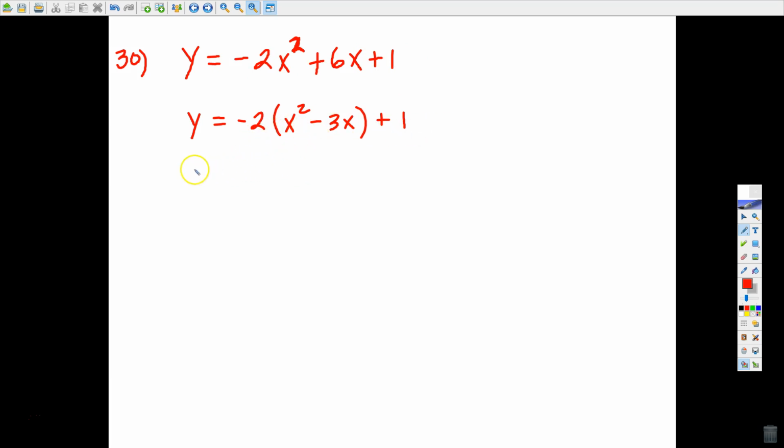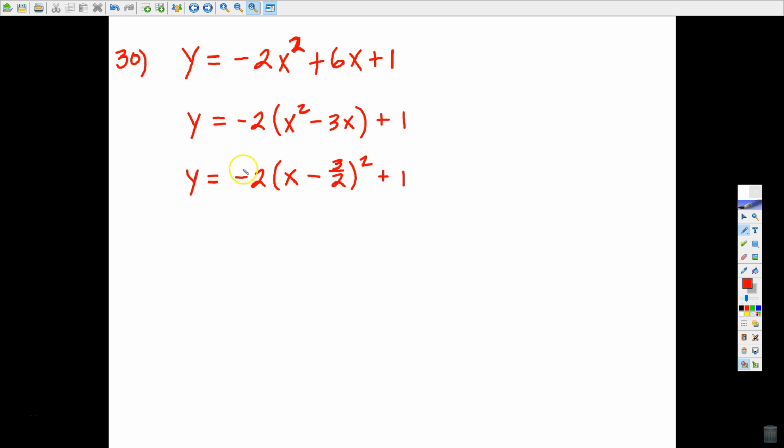Okay, and now I'm going to work on completing the square on x, and that's x minus 3/2 quantity squared. I'm going to bring down the +1. Okay, so remember, I square this number in the parentheses, and that makes 9/4.